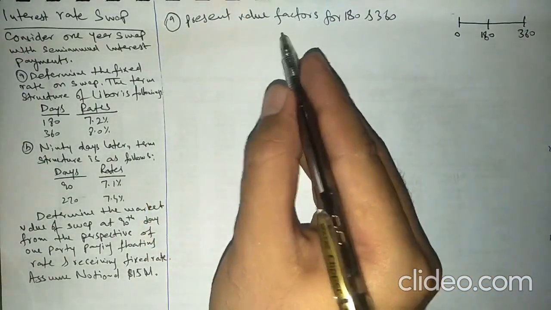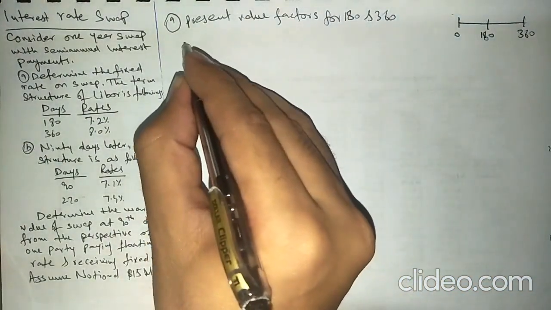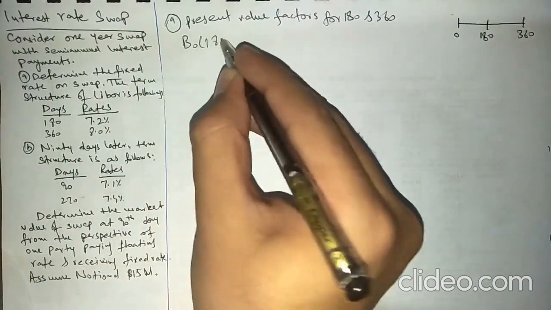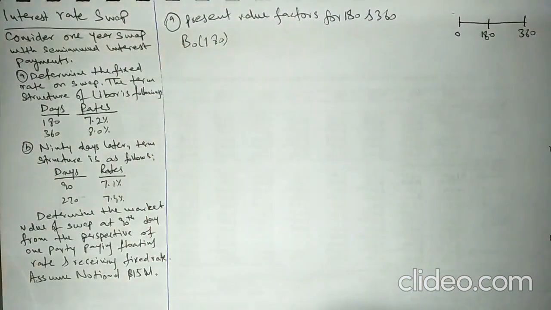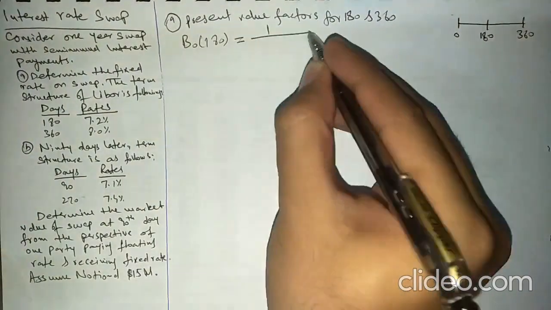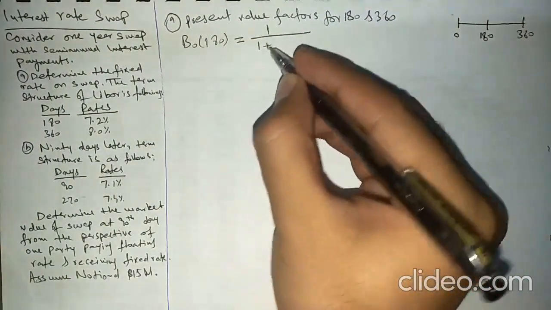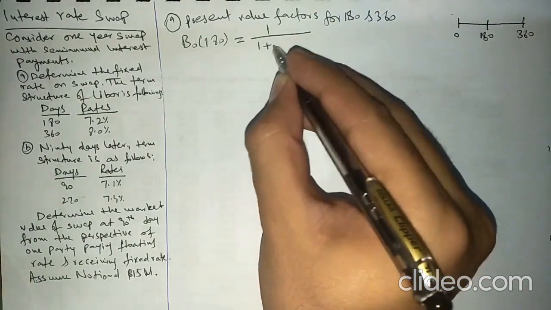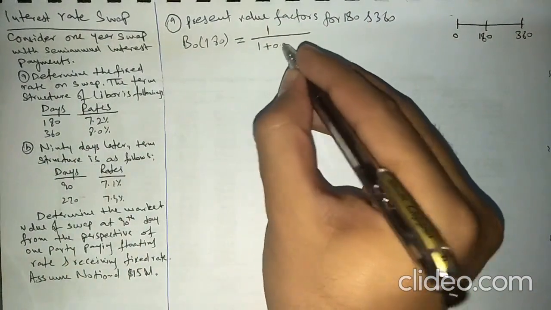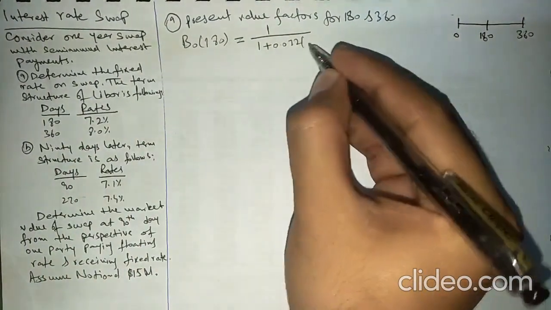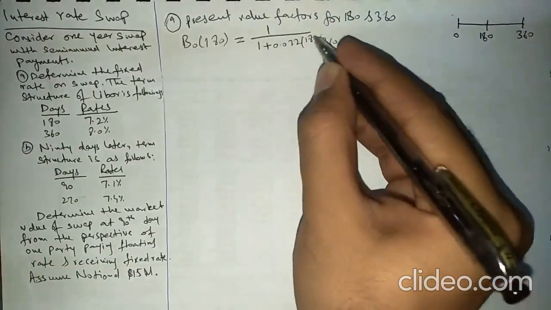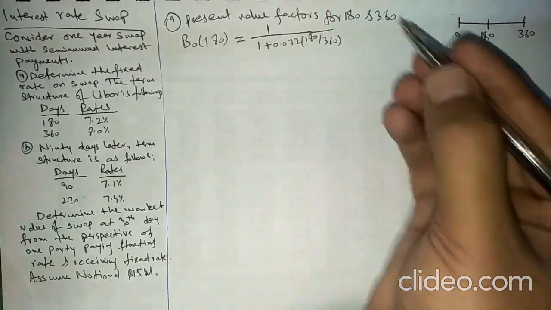To calculate the present value factors, this P0 180 represents the present value factor for 180 days, and the formula is 1 over 1 plus the interest rate. For 180 days, the interest rate is 7.2%, and 180 by 360.